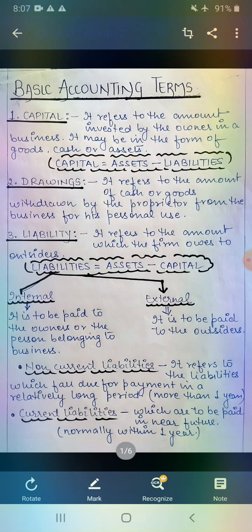He withdrew that 5,000 rupees from the business, but why? For his personal use, because there is a party at his home. So for his household expenses he is withdrawing cash from the business, or he may withdraw goods also from the business for his personal expenses. So these types of expenses are known as drawings.